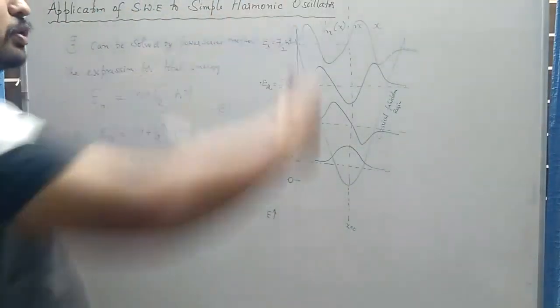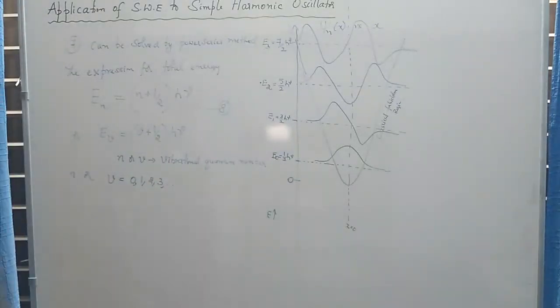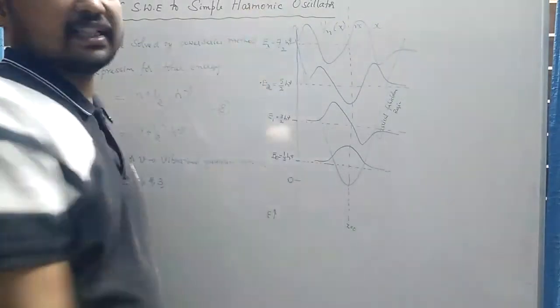So similarly, you can plot the corresponding plots for n is equal to 4, 5, 6, etc.